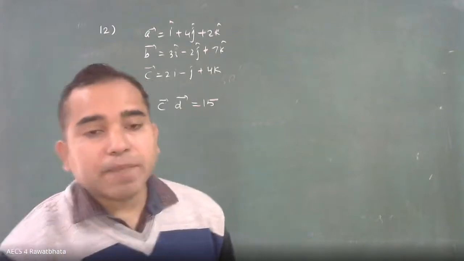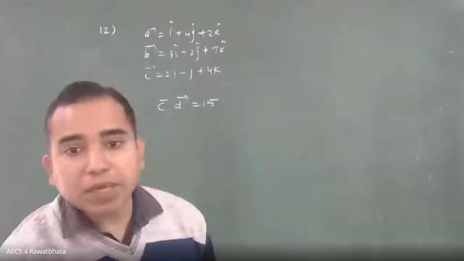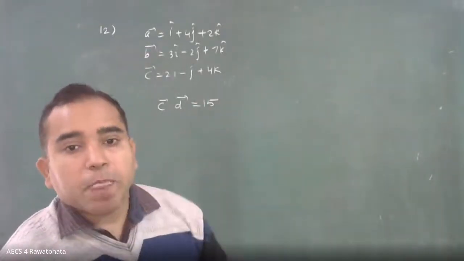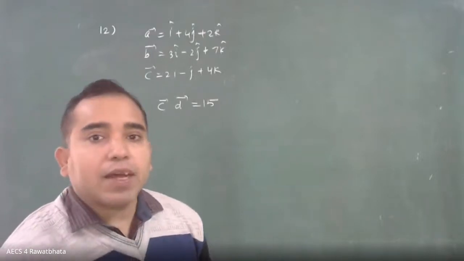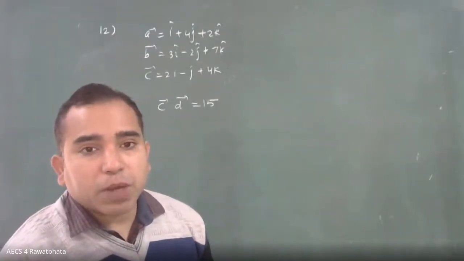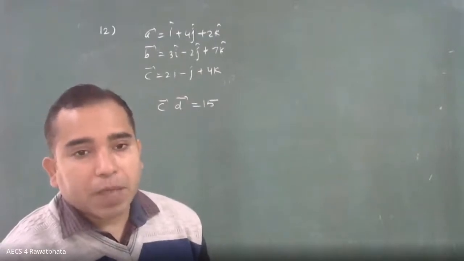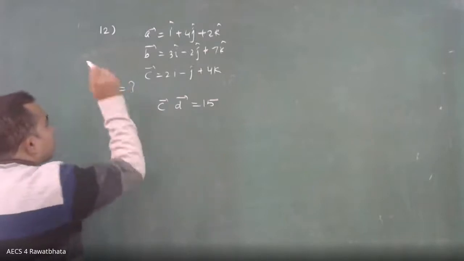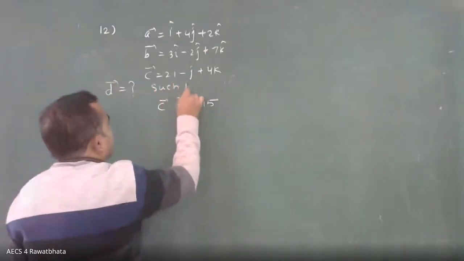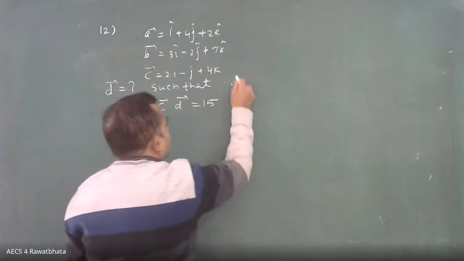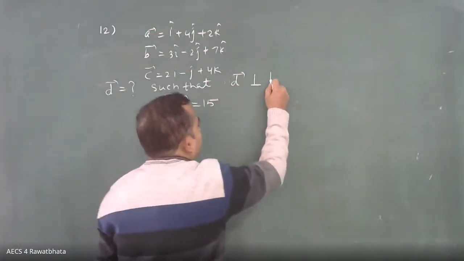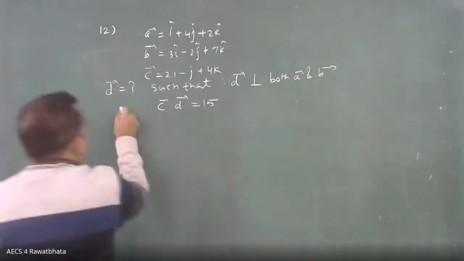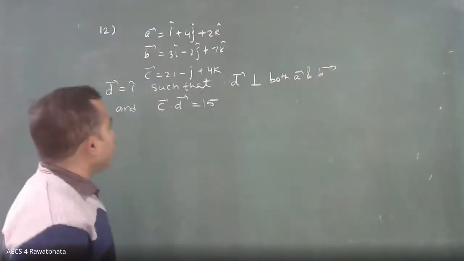The question says that there are four vectors A, B, C, and D. Then they are asking to find another vector D which is perpendicular to both A and B, and C dot D is equal to 15.